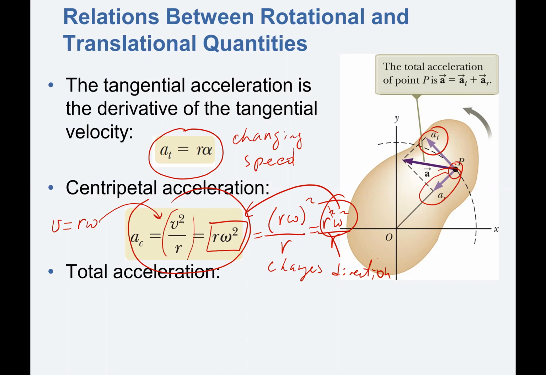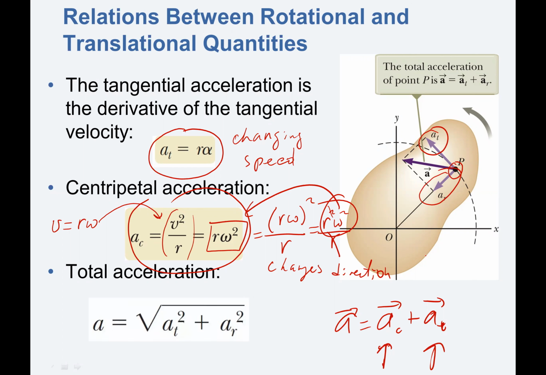That means you can calculate the total acceleration. Tangential and centripetal accelerations become the components. So the total acceleration vector equals its centripetal component plus its tangential component. Centripetal changes your direction, tangential changes your speed. If you have both, you change your direction and speed at exactly the same time. If you have only centripetal, you're going around in a circle at constant speed. If you have just tangential, you're going in a straight line and changing speed. If you have both, then you can do both.